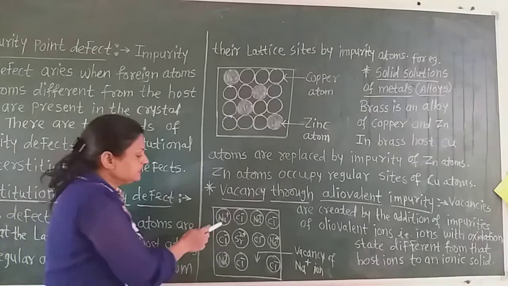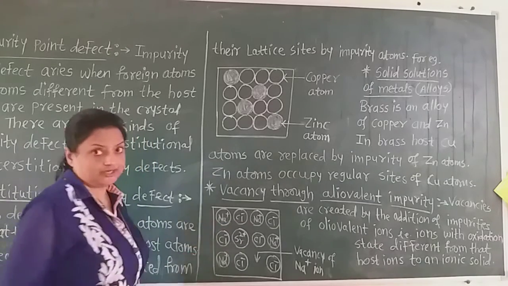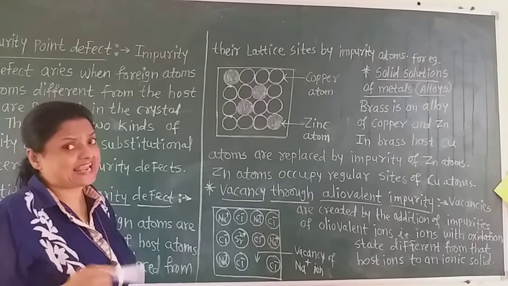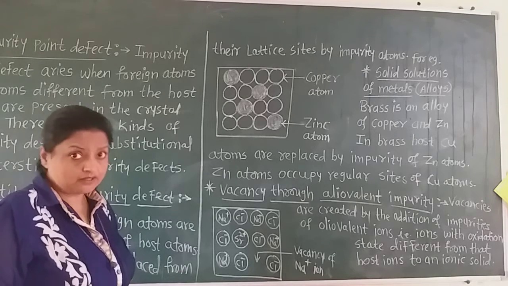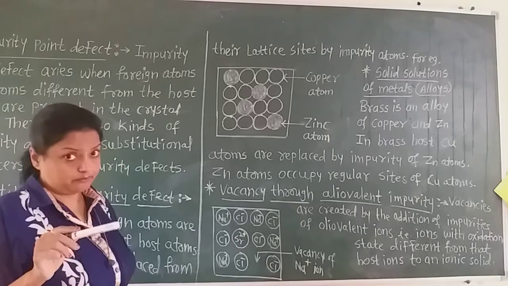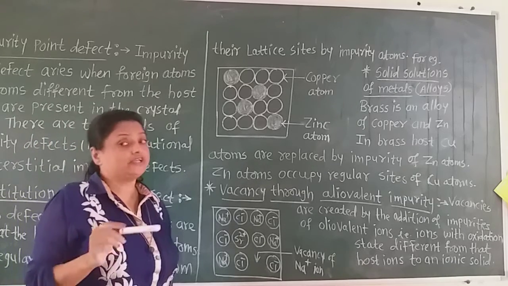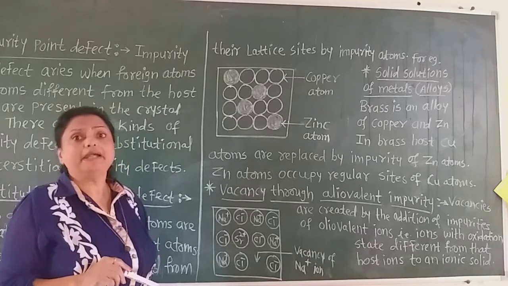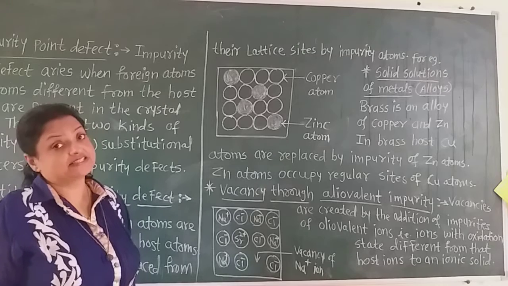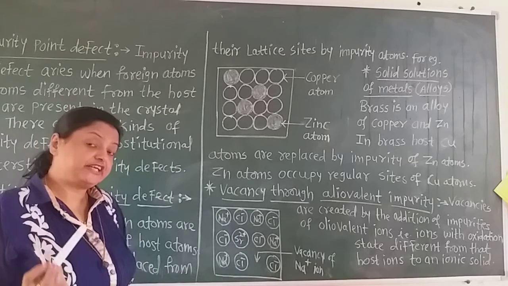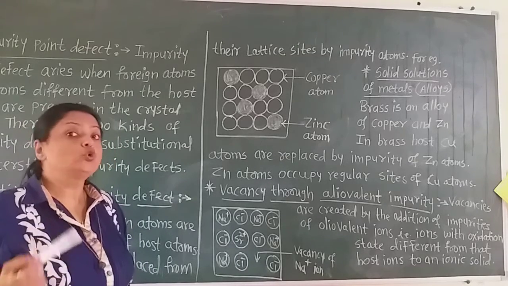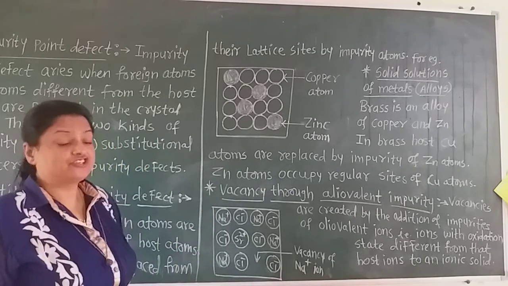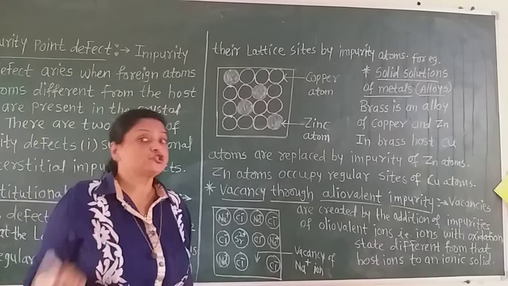Now see here, this is the sodium chloride crystal, and some impurity such as strontium chloride is added into that sodium chloride crystal. It is actually an ionic solid, but in place of the sodium ion, there are strontium ions having the higher oxidation state 2 plus, because sodium has the oxidation state plus 1 and strontium has the oxidation state plus 2.